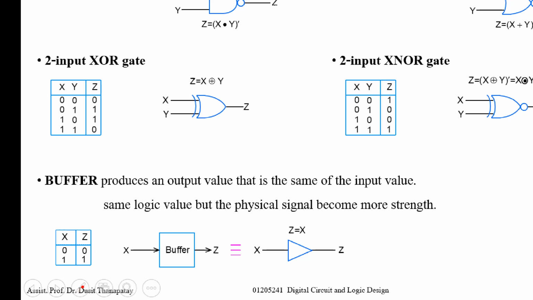For example, if I apply 3.8 volts as the input, which is logic high, the output is the same logic high. Input is high, output is high, but the output may be 5 volts. That gives more states of voltage level.